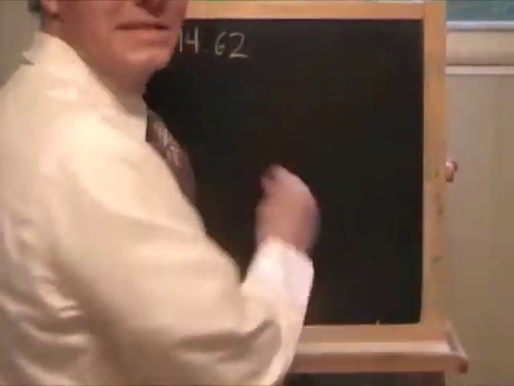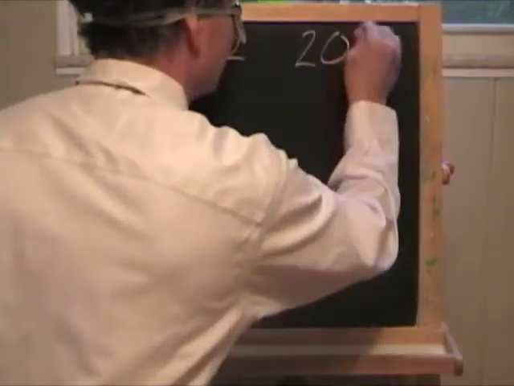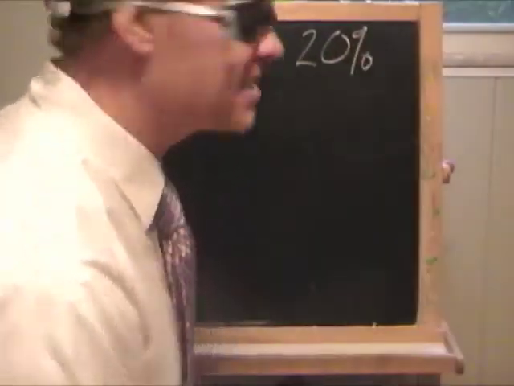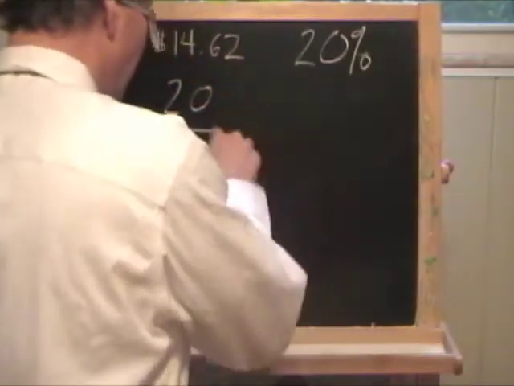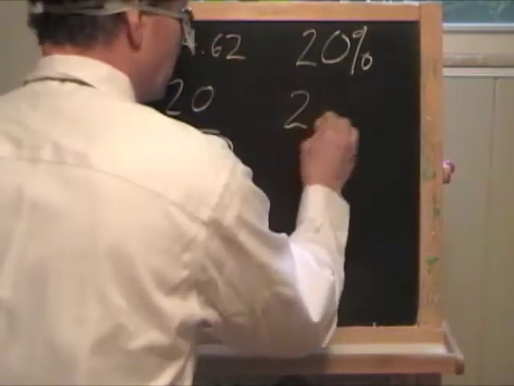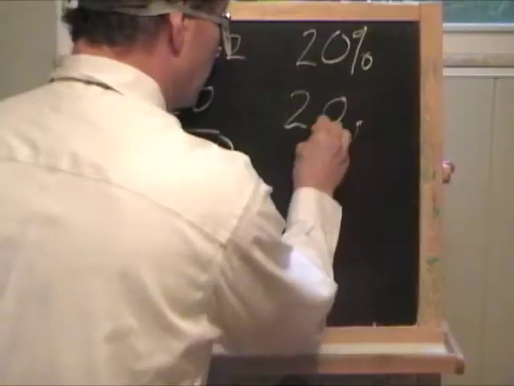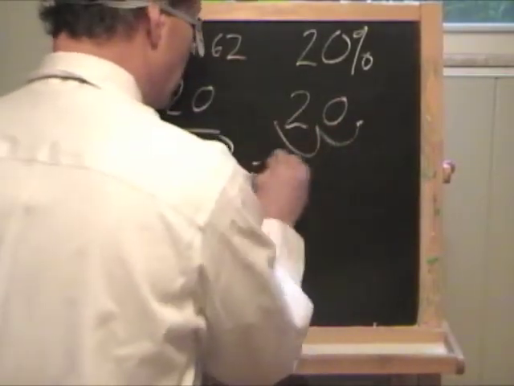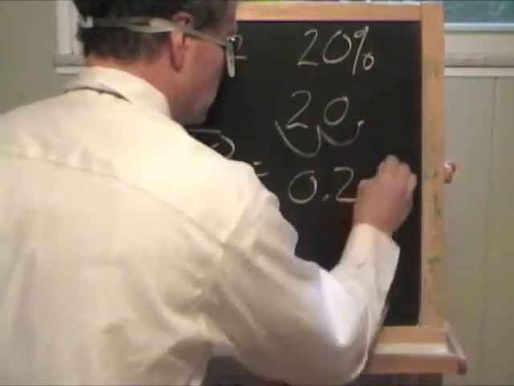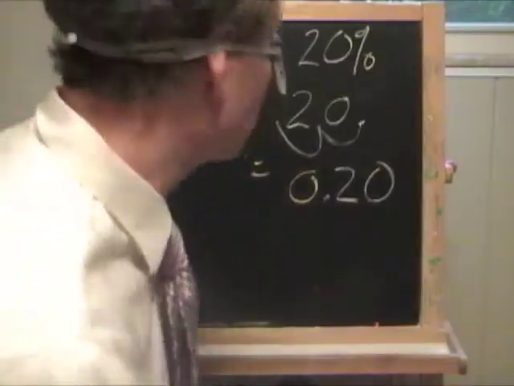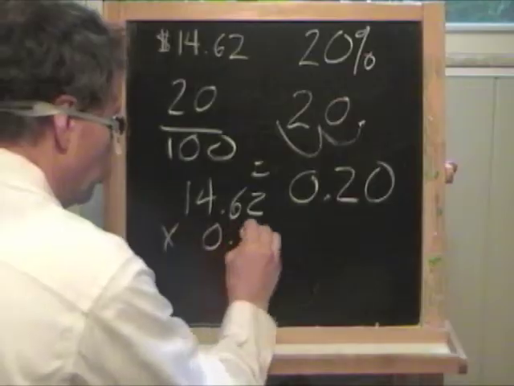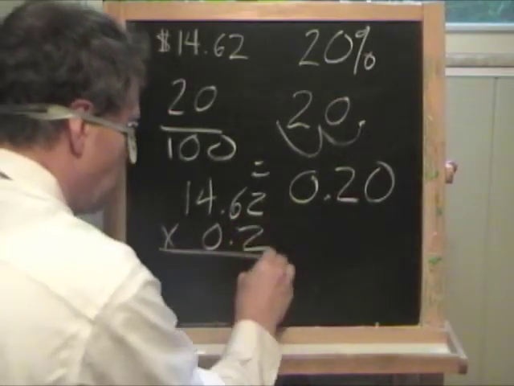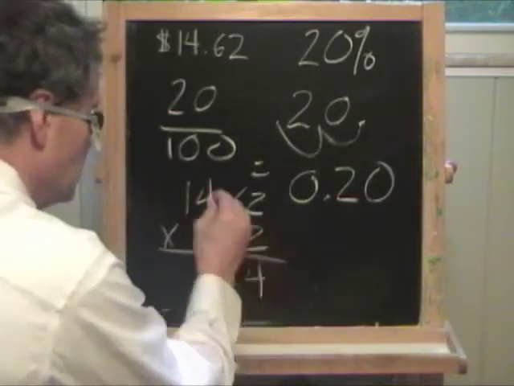1462? Why, that's easy. You know 1462, a good tip is 20%. And what is percent? That is over 100. Divide by 100, you just take decimal over 1, 2 equals 0.20. 0.2, that's 20%. 1462 times 0.2. 2 times 2 is 4. 2 times 6 is 12. 2 times 4 is 8.